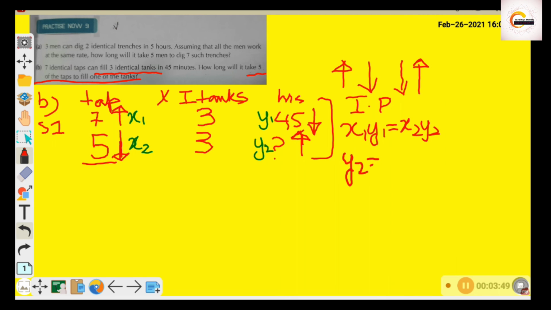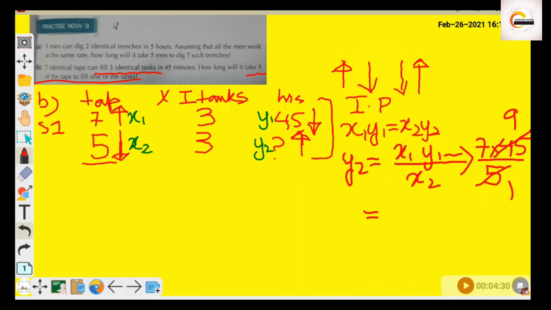Value of Y2 is X1 into Y1 upon X2, which means putting the values, 63 hours.